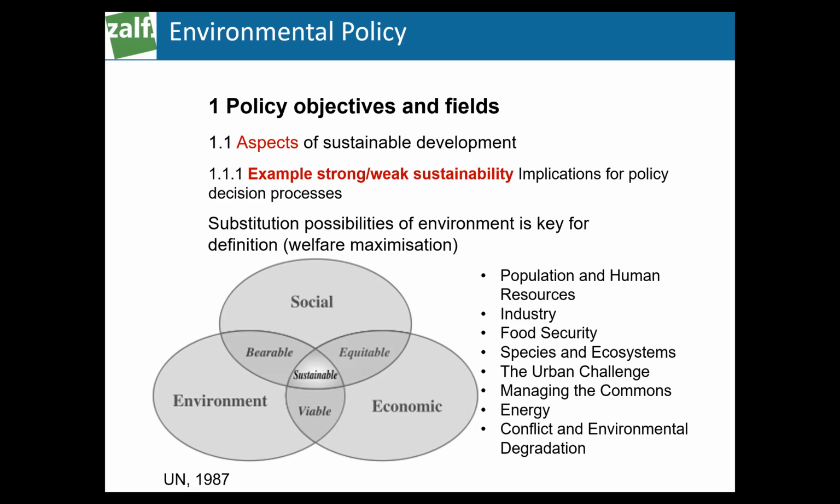But then the big question for policy is strong or weak means: can we, for example, substitute certain issues? One example would be that we have a certain amount of forest, but we are able to cut a little bit of the forest in order to also have leisure. That means we build a hotel and things like this, and we have leisure aspects involved. That means there's also satisfaction of social issues.